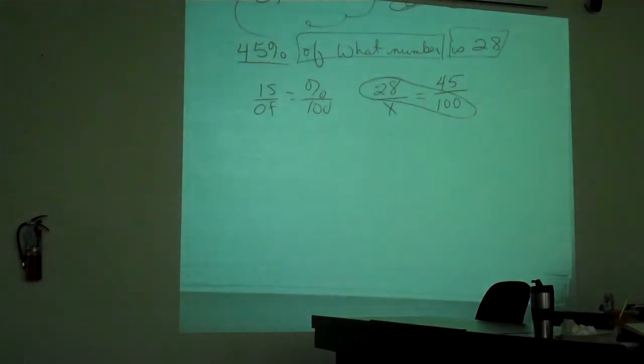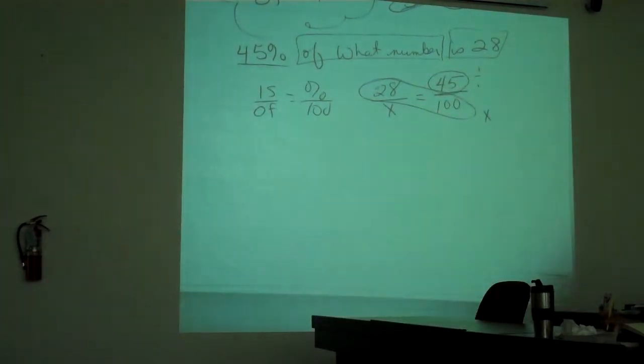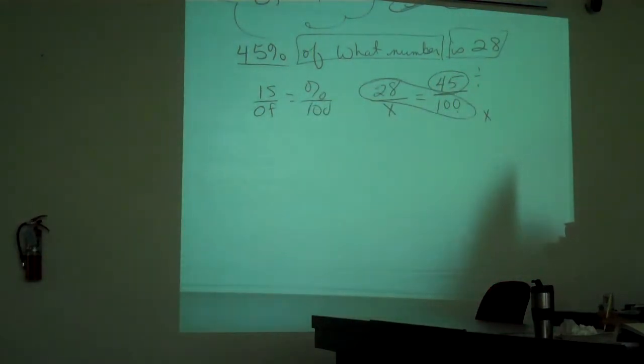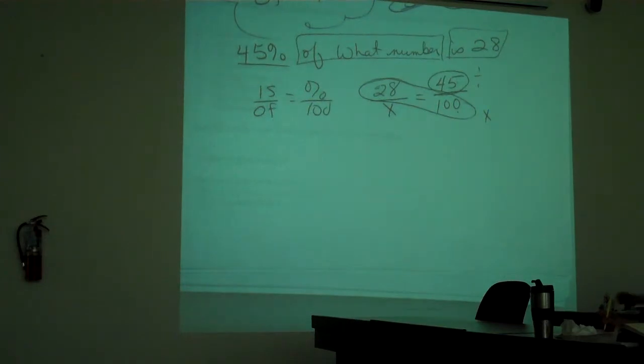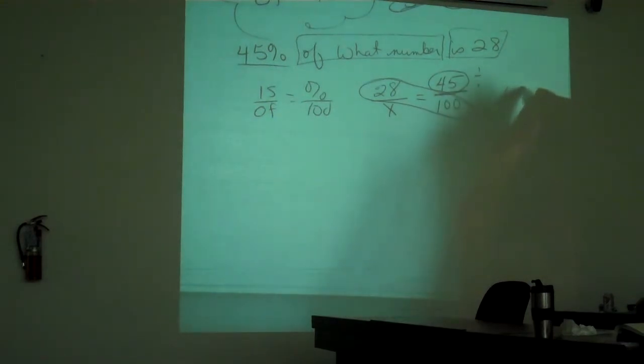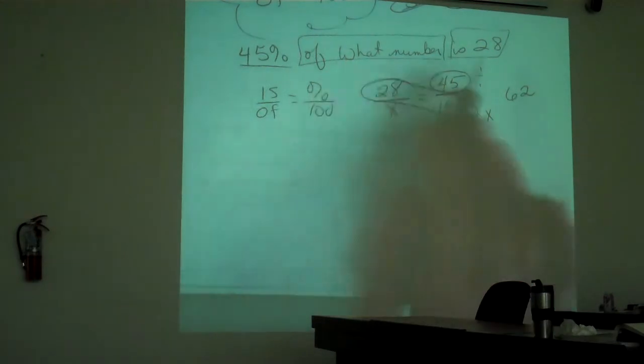It's always the two that are across that you multiply. And then divide by 45. So 2,800 divided by 45. And what does that come out to? 62? Yeah. 45% of 62 is 28.